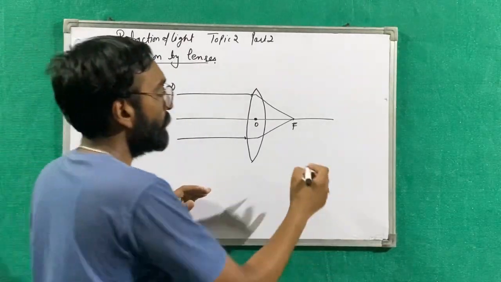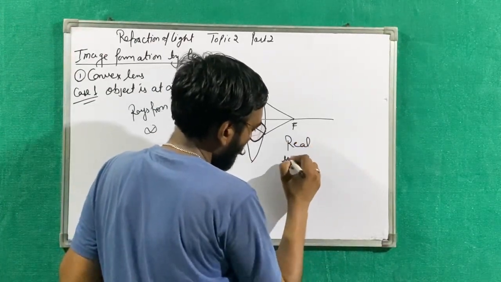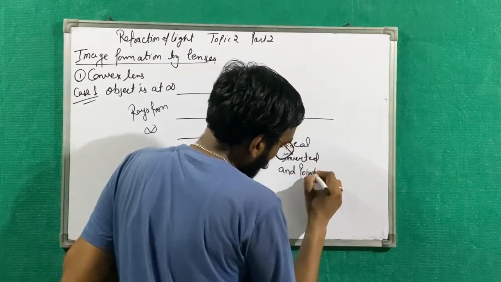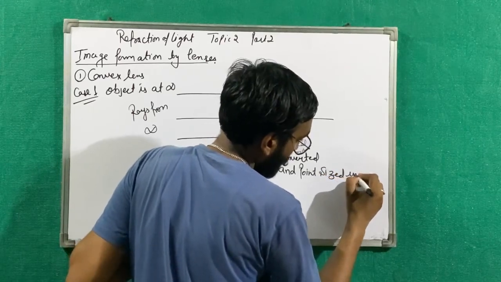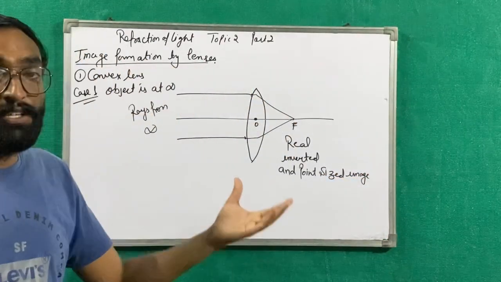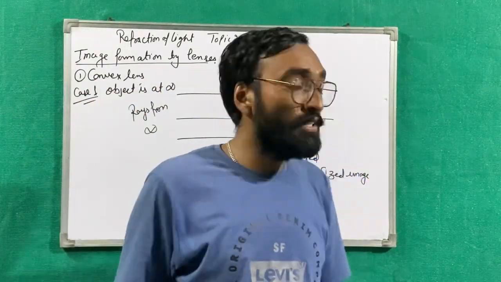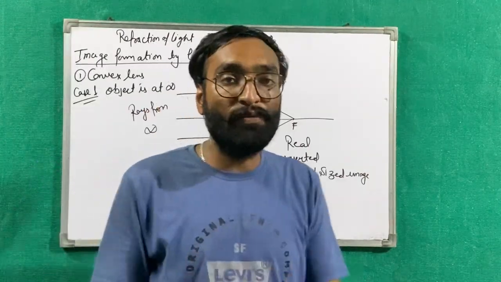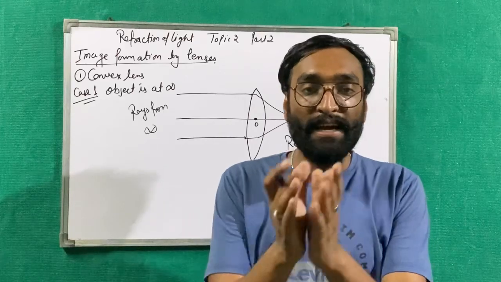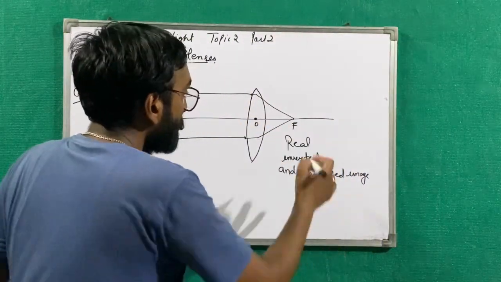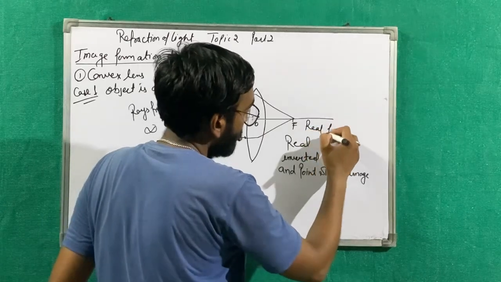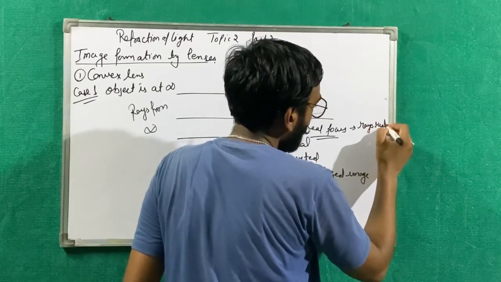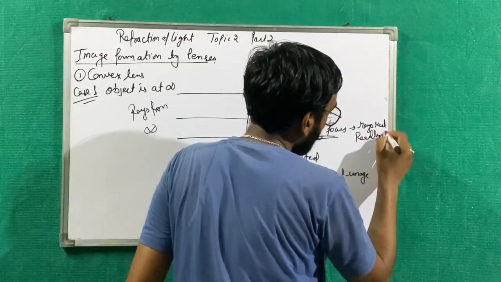This is going to be a real, inverted and point sized image. This is the first case of image formation in a convex lens. The rays of light are coming from infinity and meeting at a point that is known as the real focus, where the rays really meet at a point.